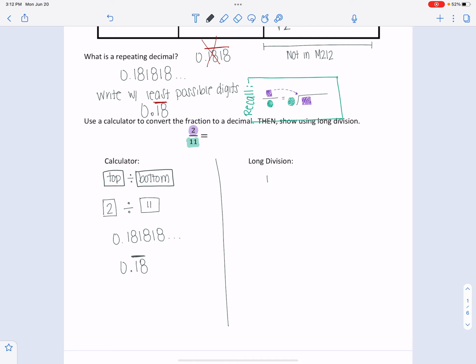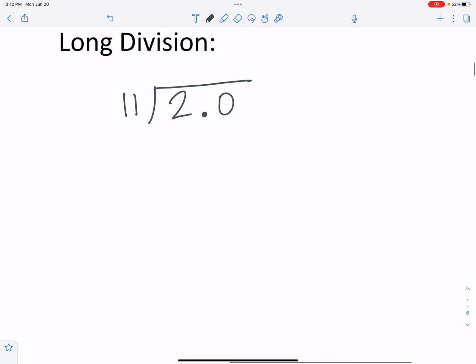So I've got 11 going into 2. Well, 11 doesn't divide into 2, but I can add a decimal and a 0, and now I can divide 11 into 20. Remember, we're going to line up our decimals. 11 goes into 20 just one time, and then I'm going to multiply. 1 times 11 is going to give me 11.